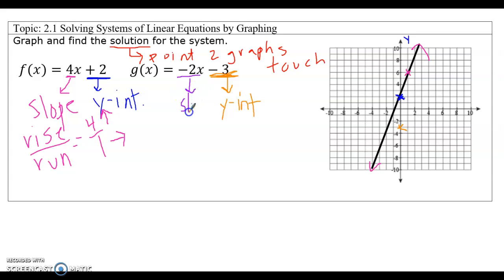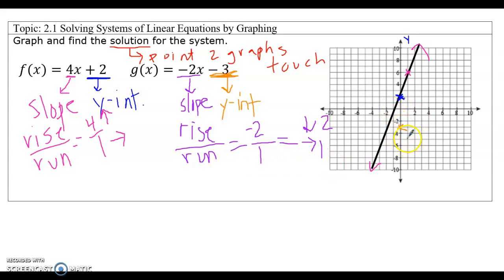Now I have to know how I'm going to move. Remember, slope is rise over run. So if I make this a fraction, that's -2 over 1. How am I going to move? I'm going to rise 2. Since it's negative, that means I go down 2 and to the right 1, because this is still +1.